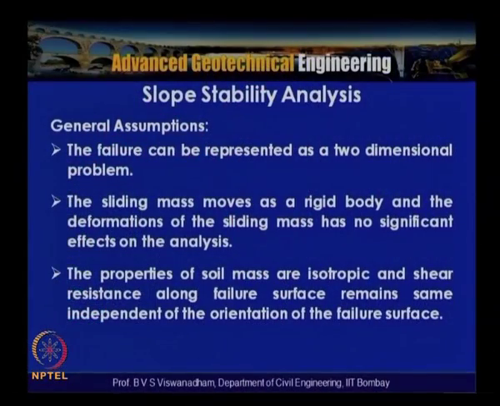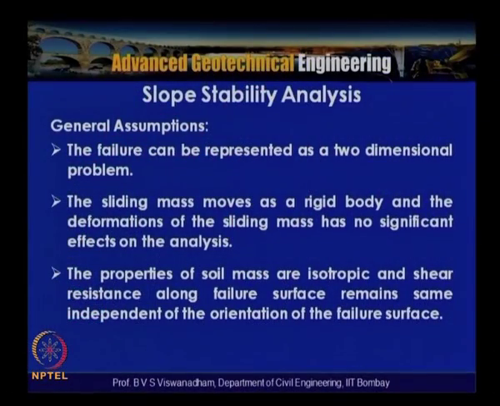So, in the slope stability analysis, now what we do is we try to address the methods for analyzing these slopes, before addressing the sudden drawdown condition and some measures for locating the critical failure surface. The slope stability analysis is basically done with general assumptions.